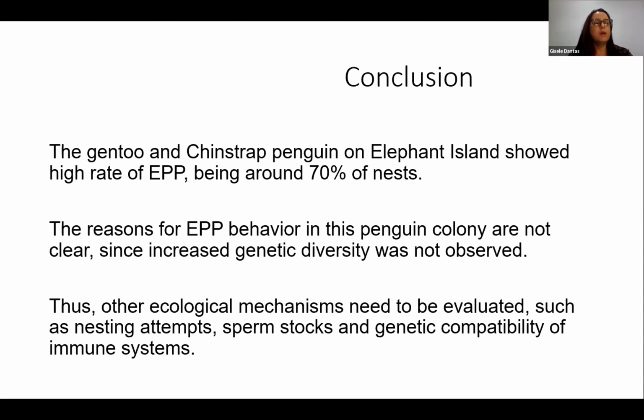The reason for extra-pair paternity in penguin colonies is not clear, since increased genetic diversity was not observed. Other mechanisms, like ecological mechanisms, and the hypotheses of sperm stocks or genetic compatibility of the immune system, need to be investigated.